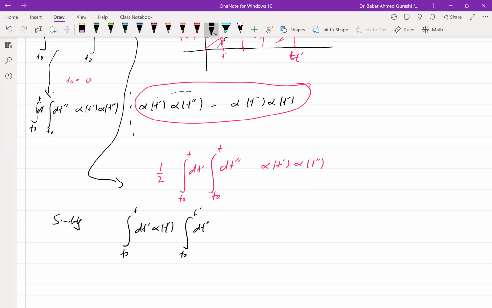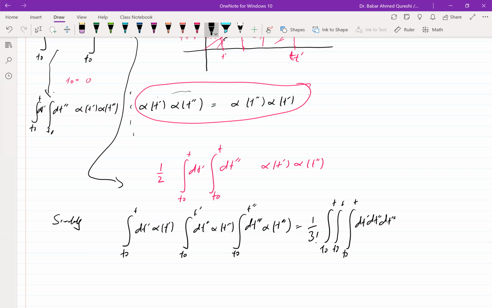So this was our original integral. This you can replace by 1 over 3 factorial, t naught to t, t naught to t, dt', an unnested integral.